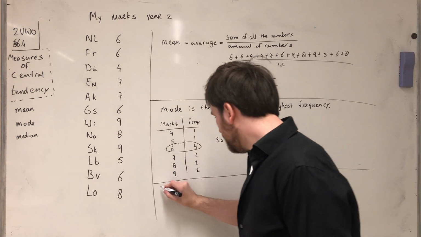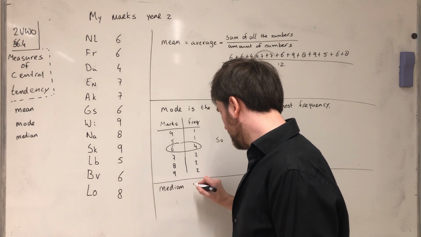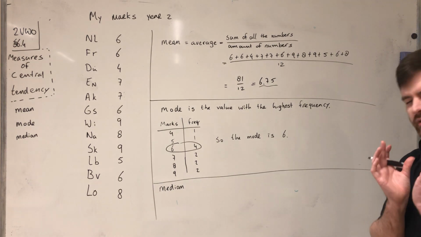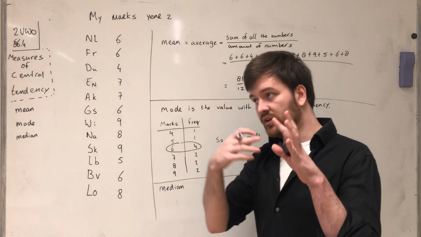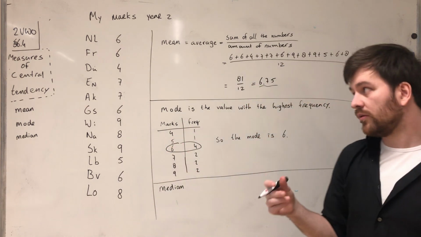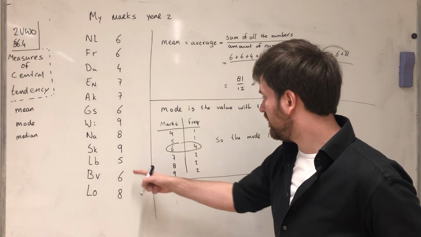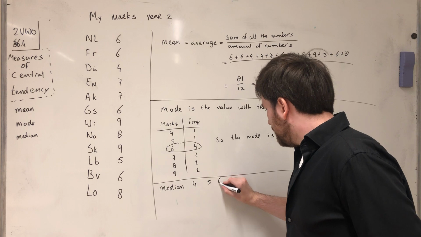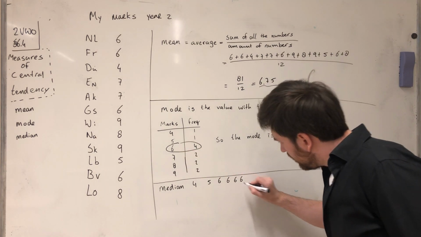Let's look at the last one, the median. And the median is basically the number which is in the middle of your data when it's ordered. What do I mean with ordered data? It means you start with writing down the lowest value, so I'm starting with writing a 4, then there is a 5, then a 6, but there are 4 6s, so I have to write down 6, 6, 6, 6.